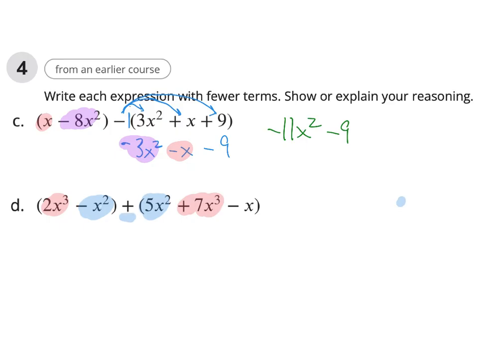If you don't want to forget, put a 1 in front of it so you keep your integers straight when you add and subtract. And so here we go. 2x cubed plus 7x cubed is 9x cubed. Negative 1 plus 5 is plus 4x squared minus x.